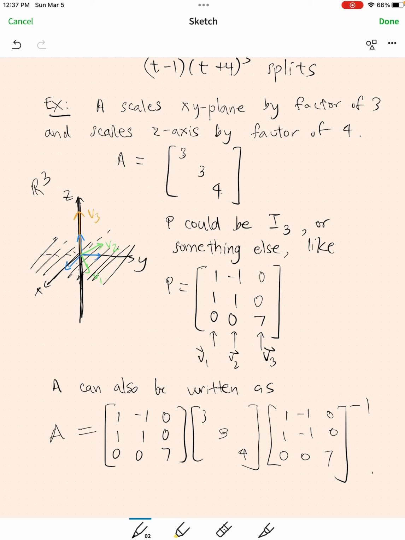This matrix is the same. It turns out that if you multiply these three matrices across, you'll just end up getting this.